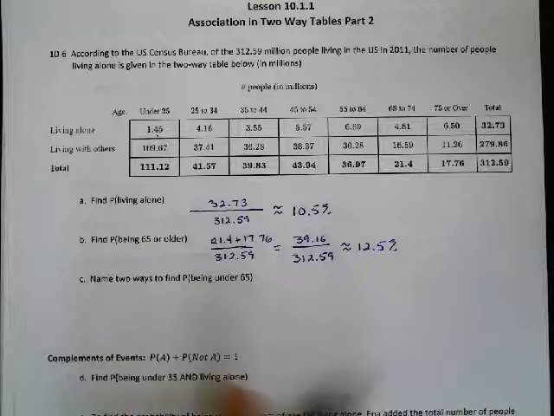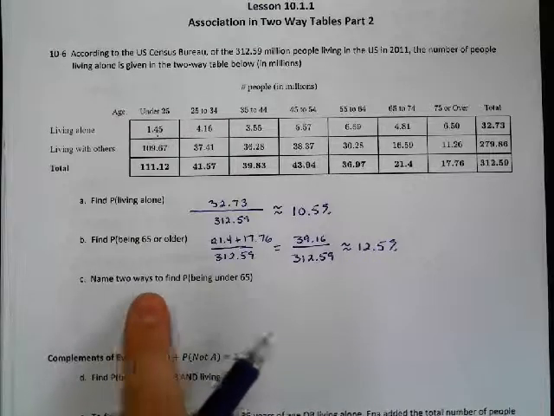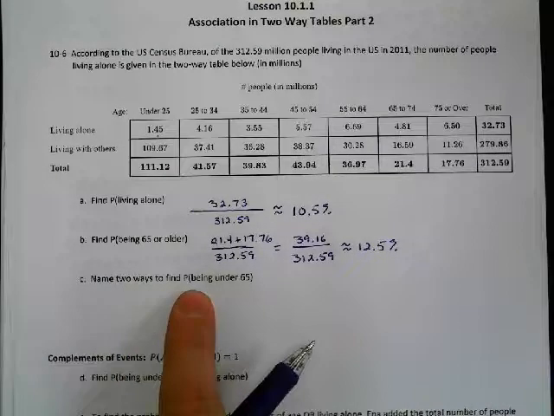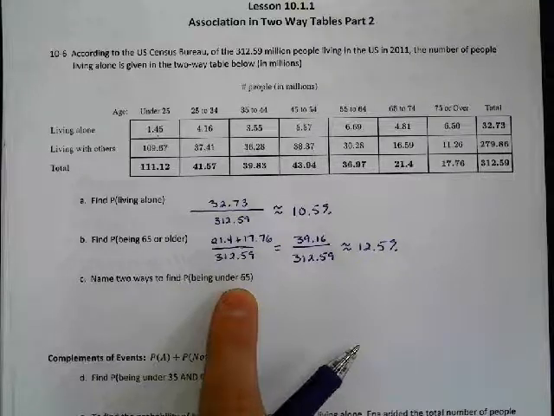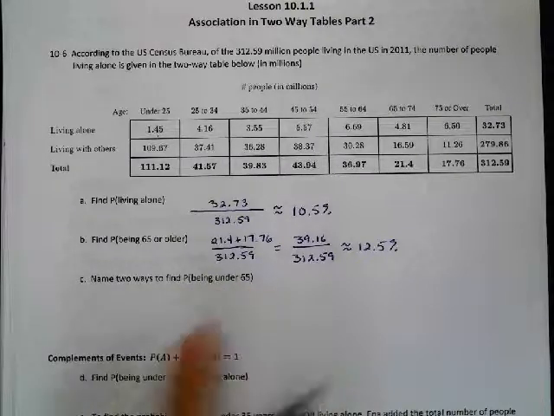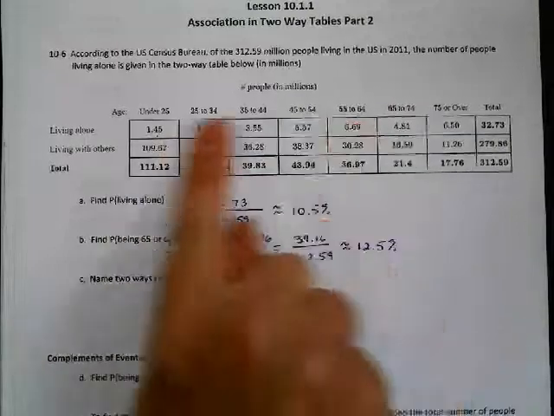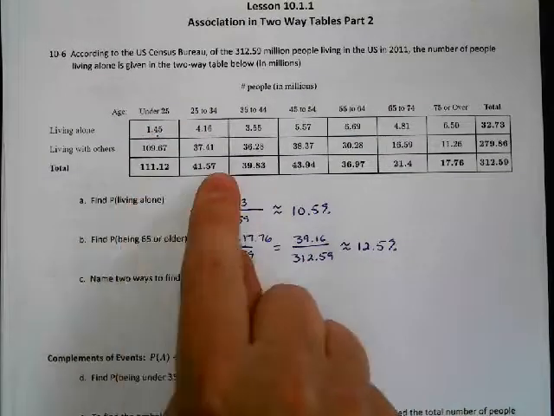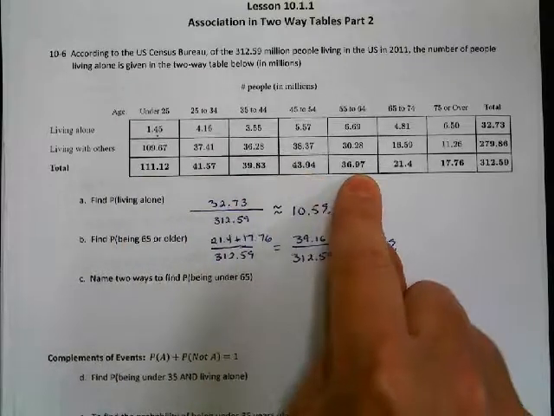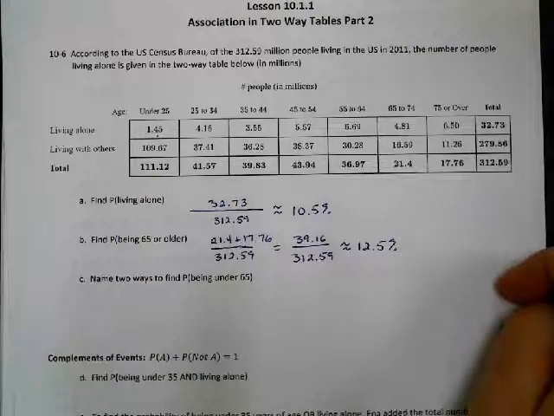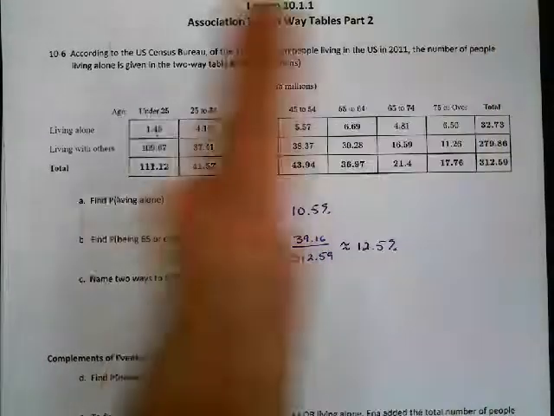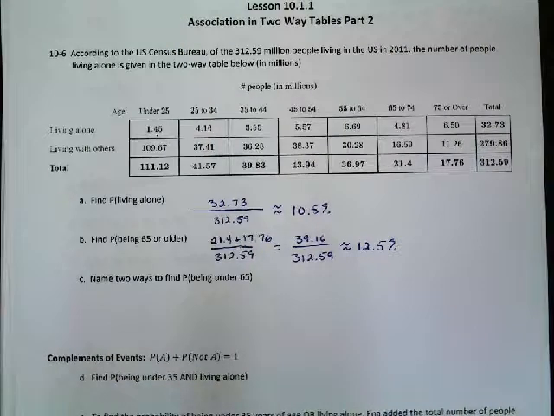Now it says find 2 ways to find out the probability of being under 65. Under 65 would be all of these people. So I could add up this number, this number, this number, this number, this number. Those are all the people that are under 65.